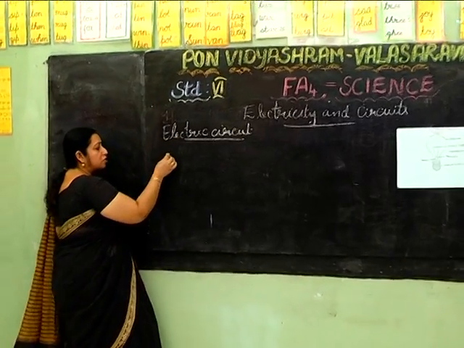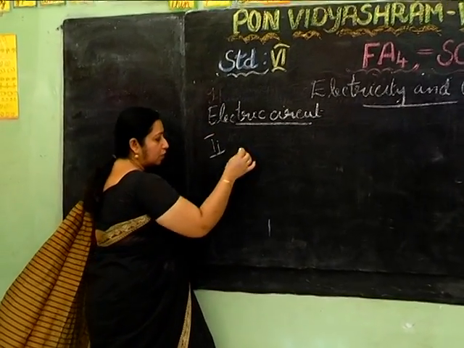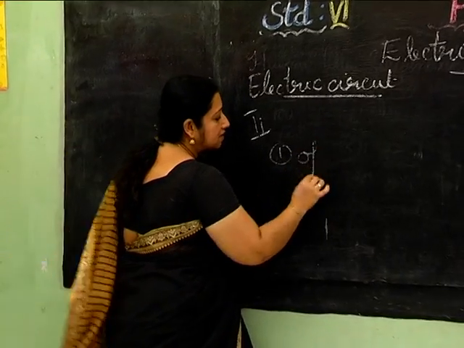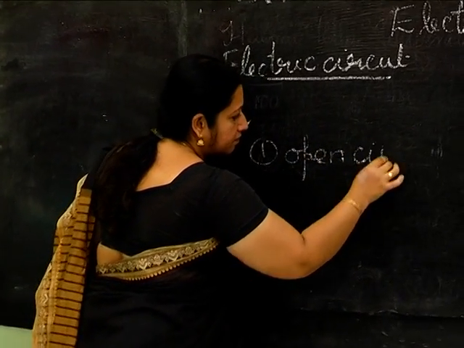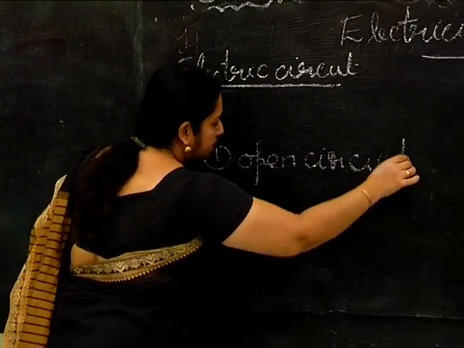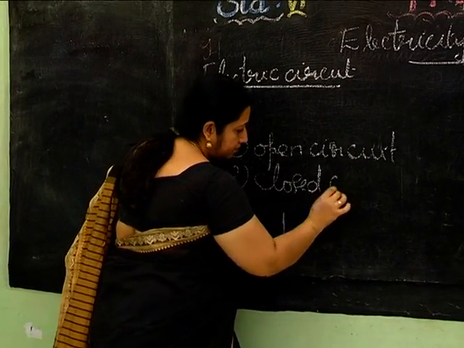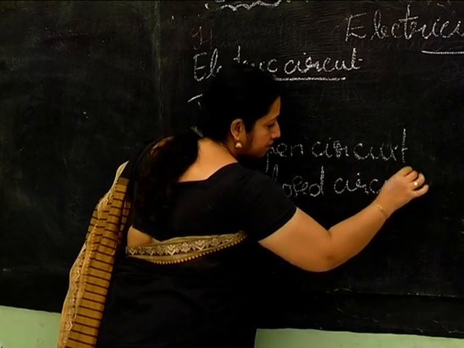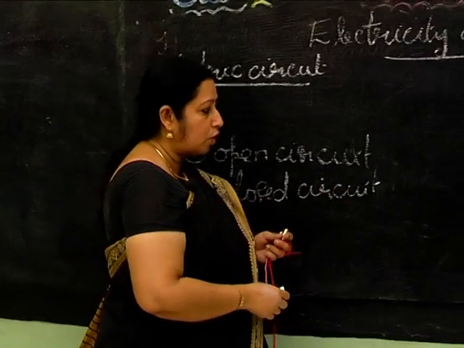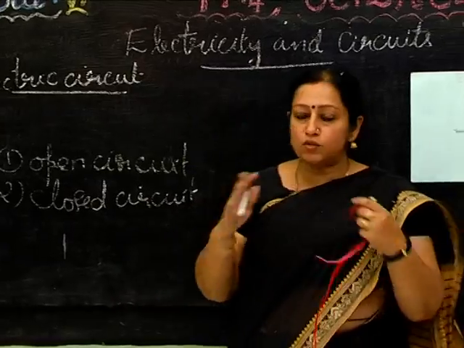Now, we have two types of electrical circuit. One is the open circuit, and the second one is the closed circuit. What is an open circuit? As the name itself says, it is open.